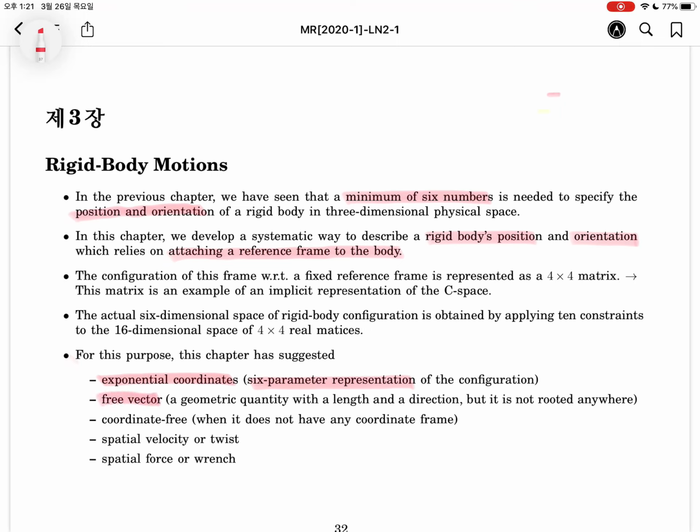Actually, a free vector is not rooted anywhere. So vectors with the same length and the same direction are the same free vector. And the coordinate-free concept will be explained later.